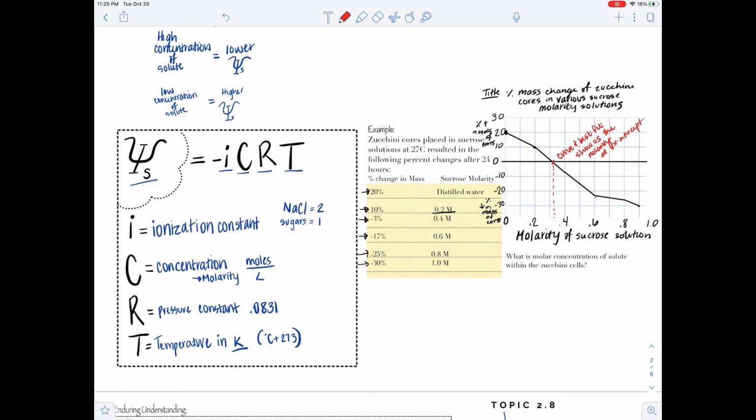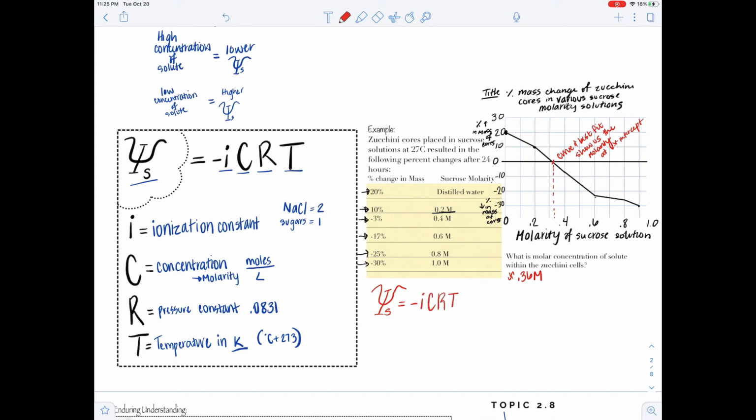So take the spot on the x-intercept, go down and see what that molarity is. So this is approximately, let's say, 0.36 molar, okay? So this is if you need to figure out what your concentration is when they've given you the data, and you can plot it and figure that concentration out.